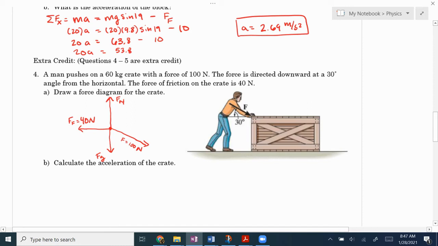Let's see here. We take this 100 newtons and we break it into pieces. So that's going to become 30 degrees right there. This is 100 cosine 30 degrees, and this would be 100 sine 30 degrees.